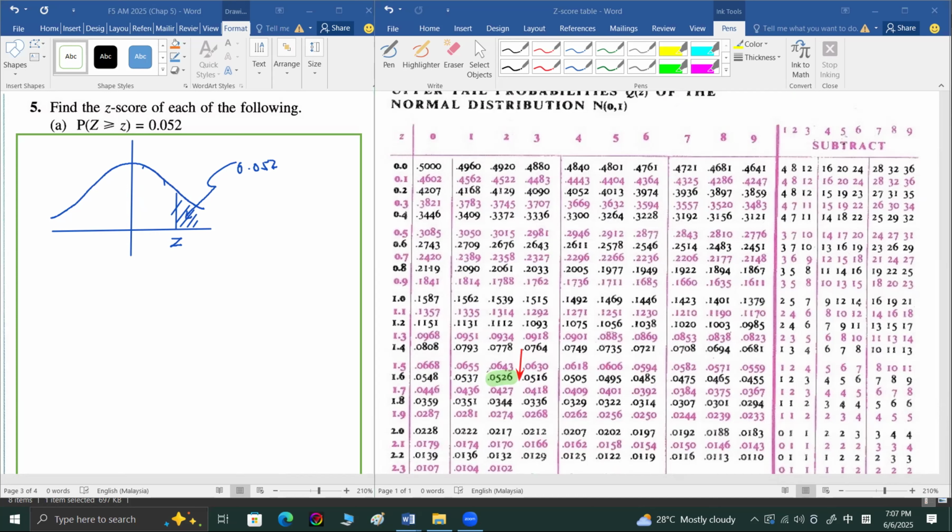So see how I do it, class. I got 1.6, see this? The Z that I get is 1.6. Under the 2, I got 0.0526, yeah, class? What I want is 5, 2 only. There's an extra of 6 here.